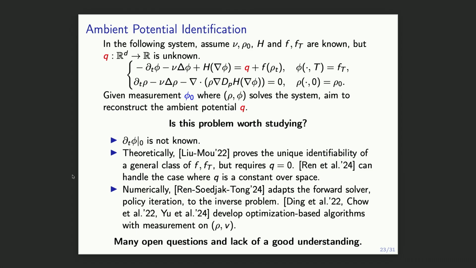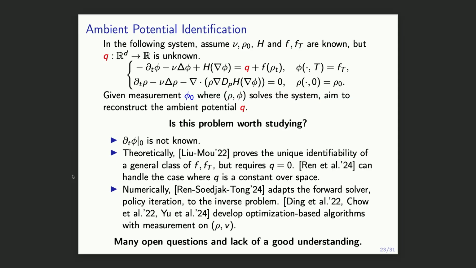If I have some cost that looks like this, and all the other things I already know, whether I can infer this Q from the measurement phi at time 0, which is the value function at time 0. So if you look at this problem, you may ask whether this problem is worth studying, right? Because this is too simple. You just move this F rho T to the left-hand side, then everything becomes trivial. But actually it is not, because you don't have the measurement of this partial T term.